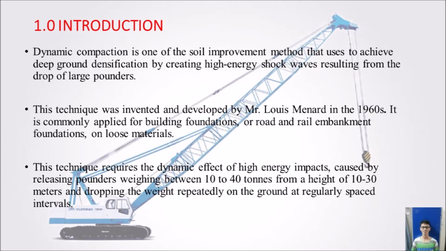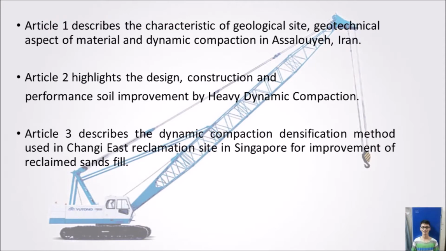The technique requires the dynamic effect of high energy impact caused by raising weights weighing between 10 to 40 tons from a height of 10 to 30 meters and dropping the weight repeatedly on the ground at regular space intervals. Article 1 describes the characteristic of the geological site, geotechnical aspect of material and dynamic compaction in Ausaloya, Iran.